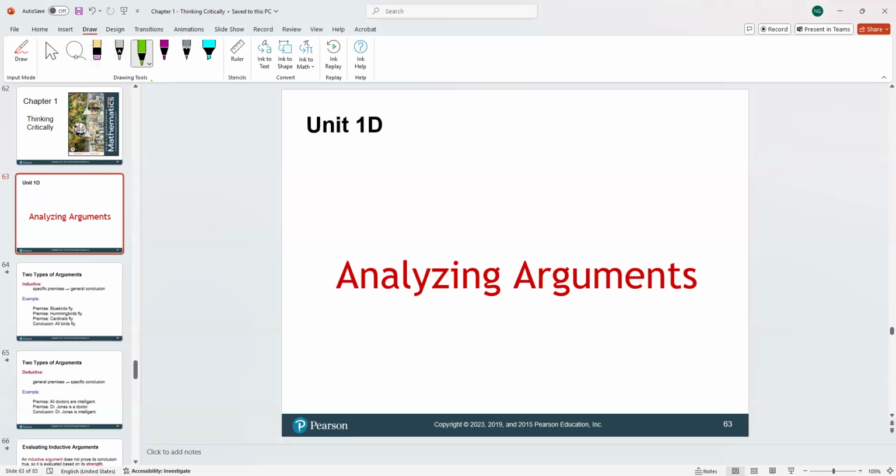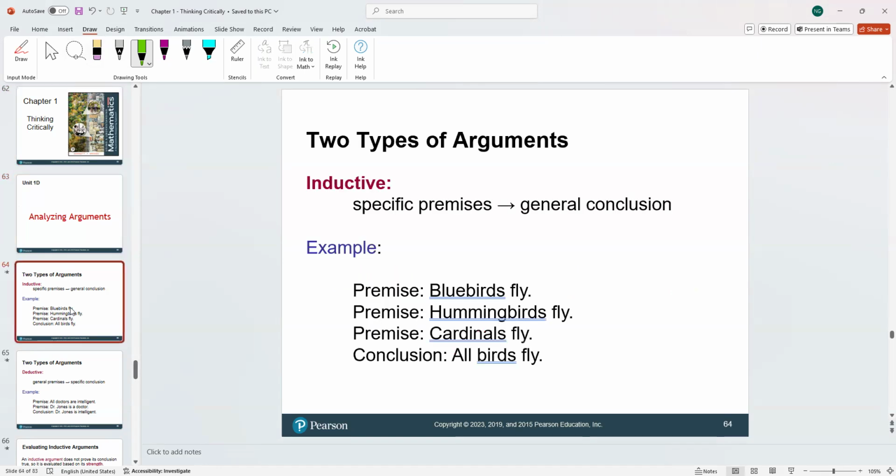When you talk about arguments, they come in two basic types: either inductive or deductive. We talk about deductive reasoning or inductive reasoning all the time.